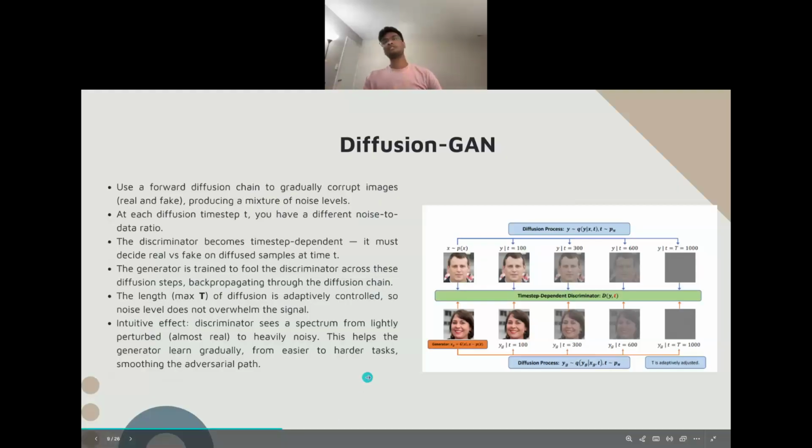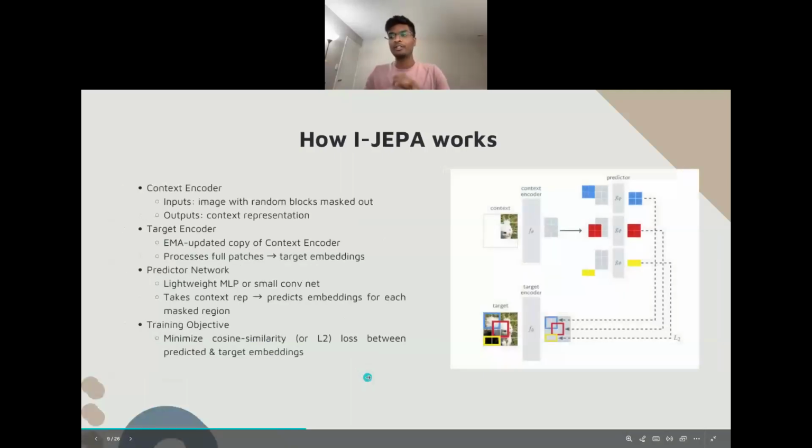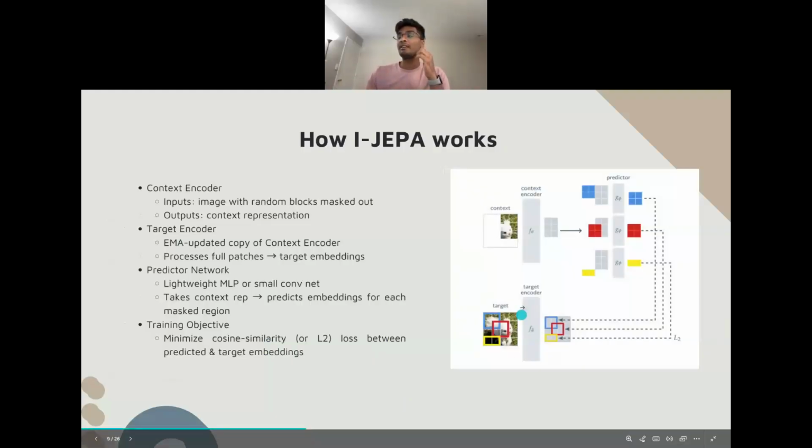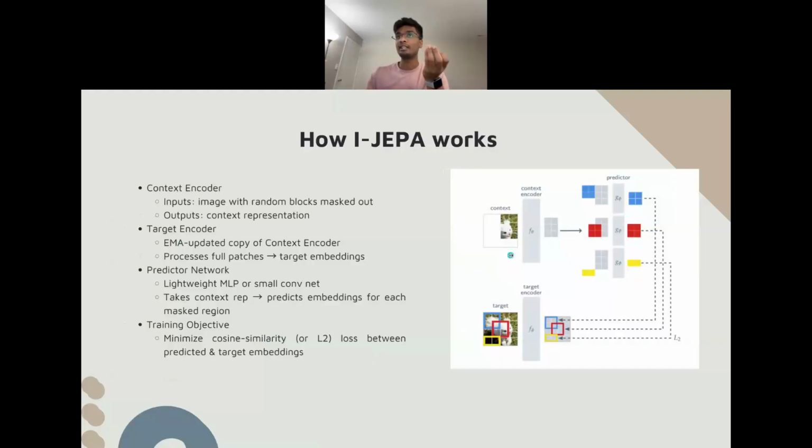Since the beginning, I've been talking about how to use I-JEPA embeddings in this architecture. How it works is, it uses a self-supervised learning technique. They use three encoders, three ViTs: a context ViT, a predictor, and a target. If you take a complete image, the context encoder takes a huge chunk of the image and keeps that as a context.